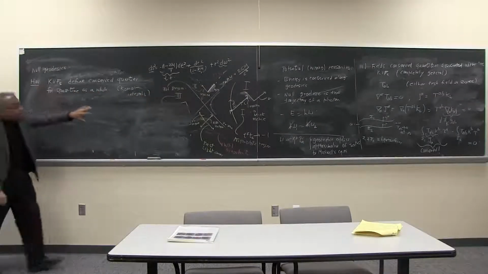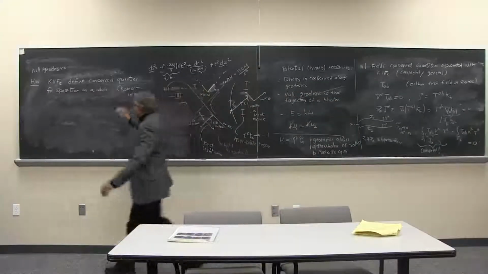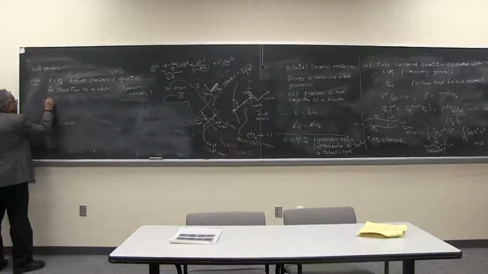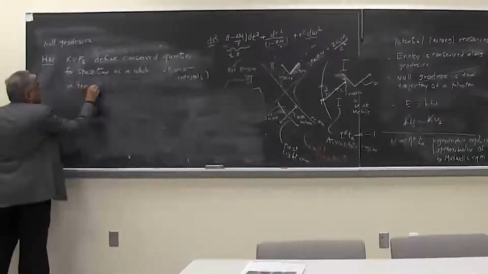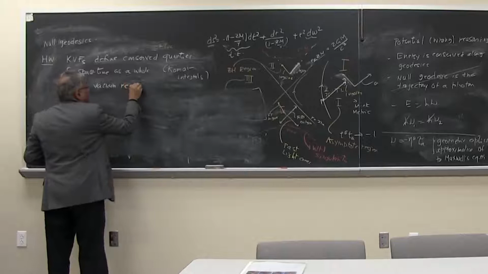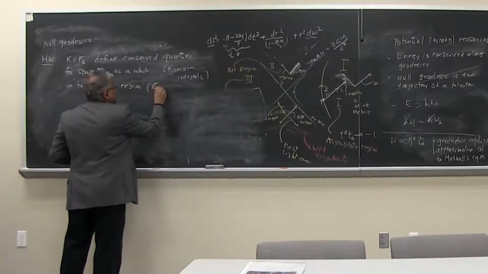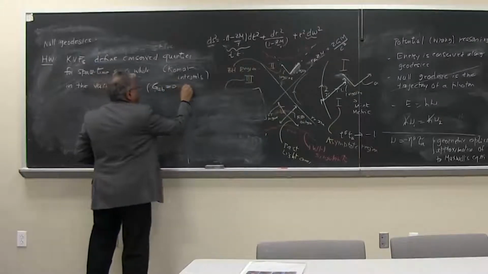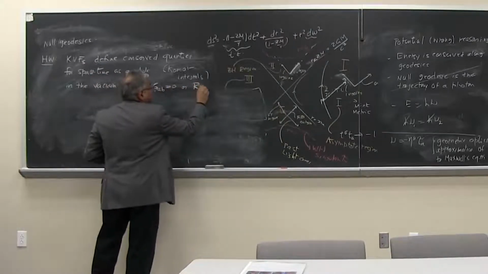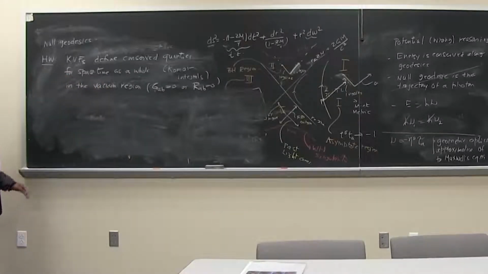But whereas these conserved quantities just exist in any given space-time, these conserved quantities exist only in the vacuum region. In other words, where the Einstein tensor is equal to 0, or the Ricci tensor is equal to 0. Equivalently, the Ricci tensor is equal to 0.